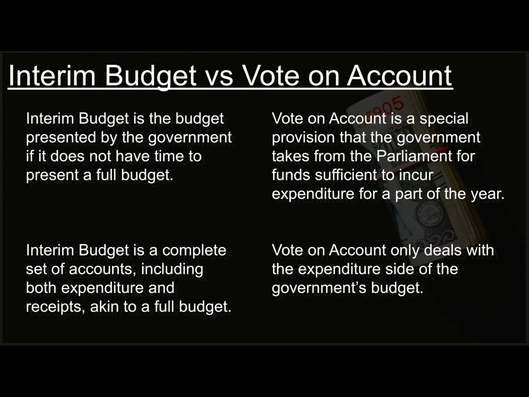There is also a concept of vote on account, which is different from the interim budget but is often confused with it. Vote on account is made by the government when it needs money for expenditure only for a few months. So the difference between the two is interim budget contains expenditure as well as receipts, but vote on account is only about expenditure.